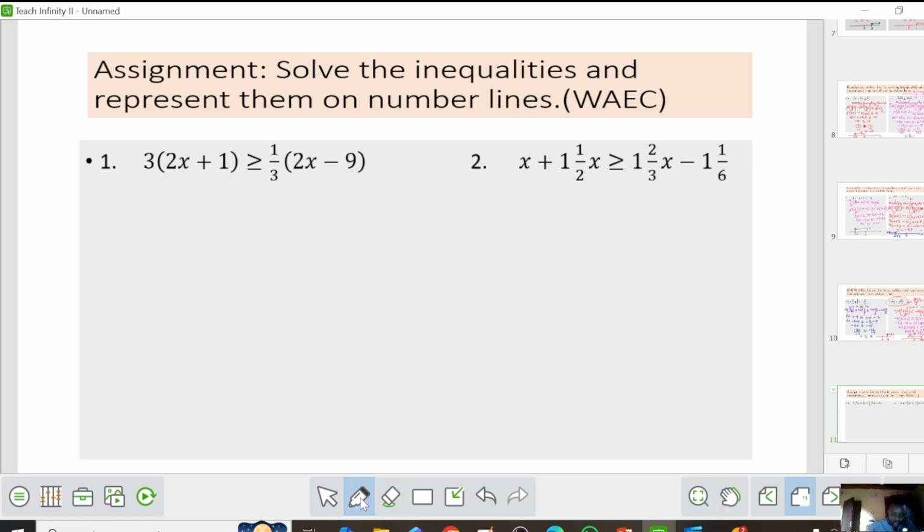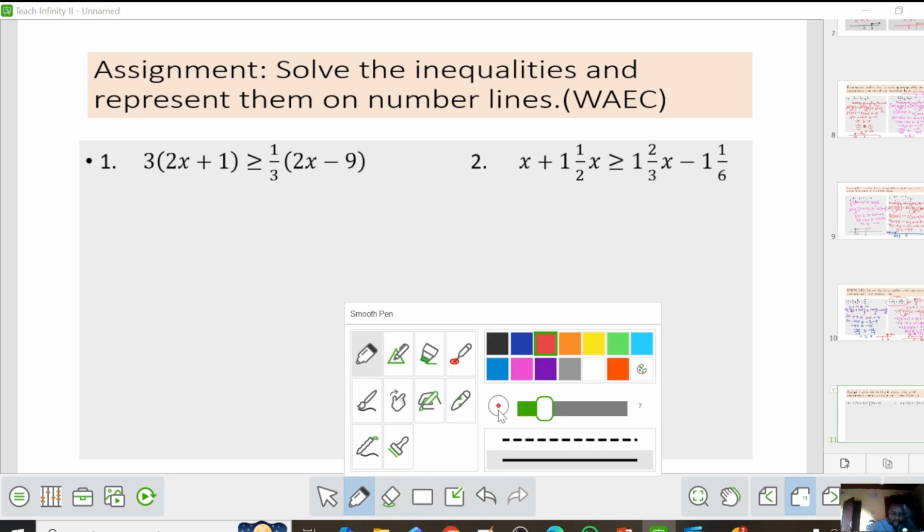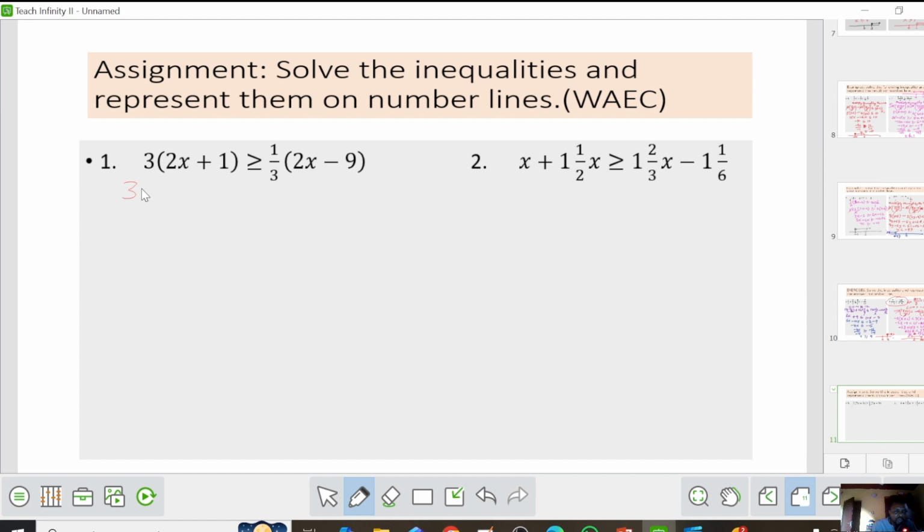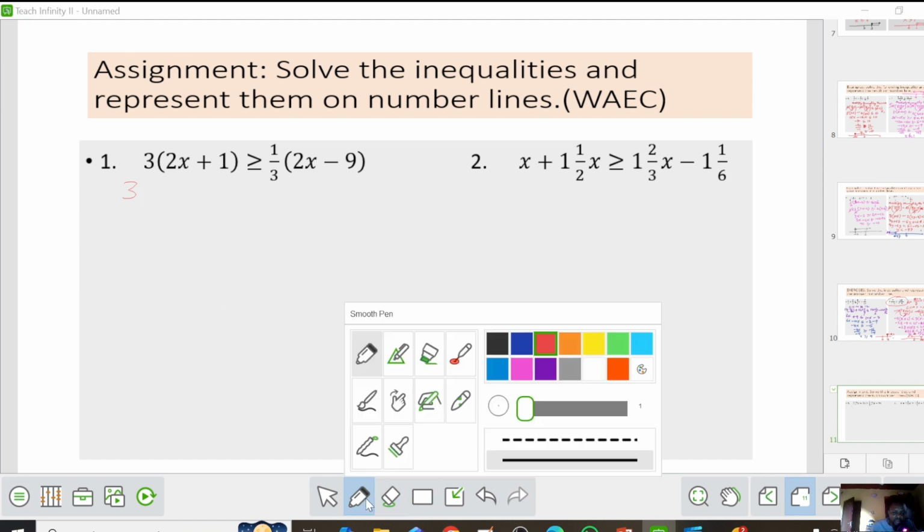So let's see how we go about the solution. So this one is 3.